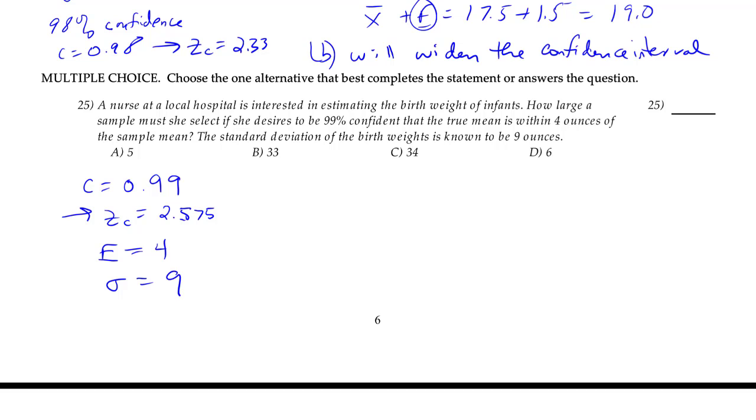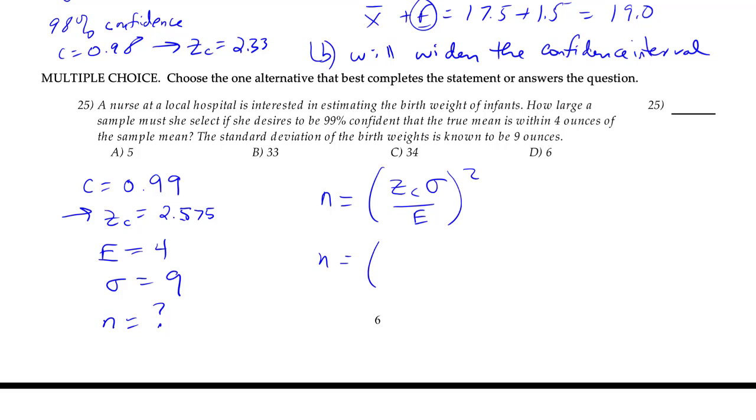So before we were calculating the margin of error, this time we're trying to figure out what should n be. So we're going to go backwards here. We have a formula for that. We have n is Zc sigma over E all squared.